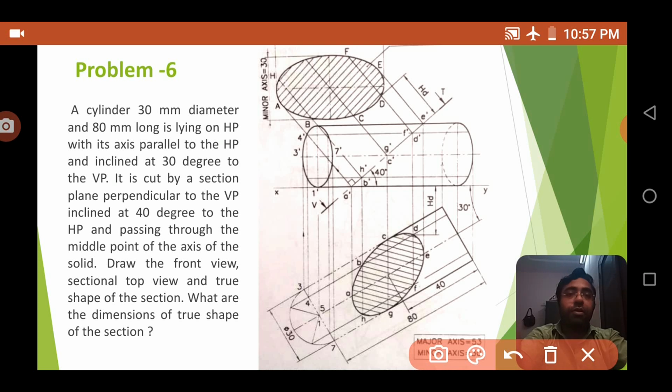In our graphics, time is very important. We have to finish each drawing within some 15 minutes, maximum 15 minutes, within the time limit in the examination.